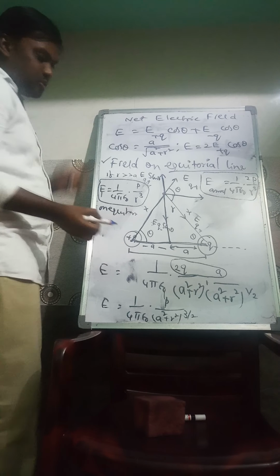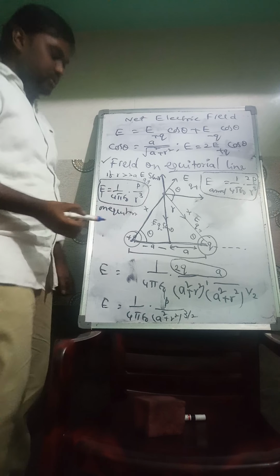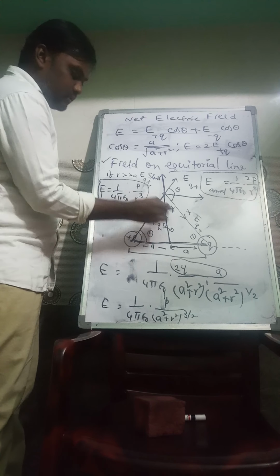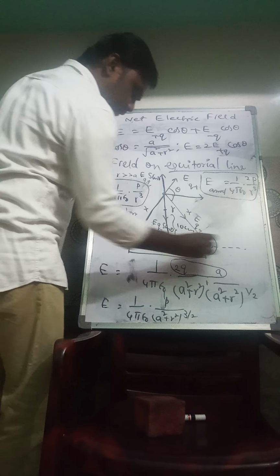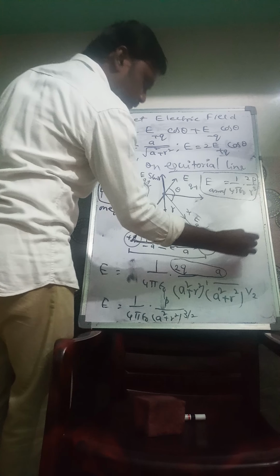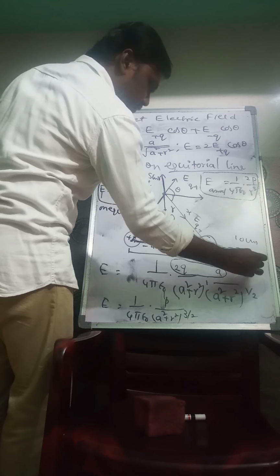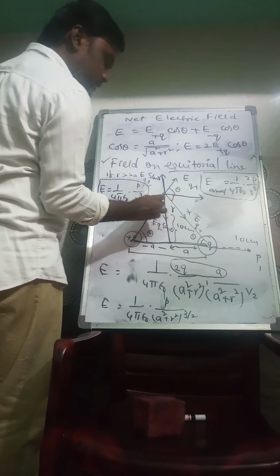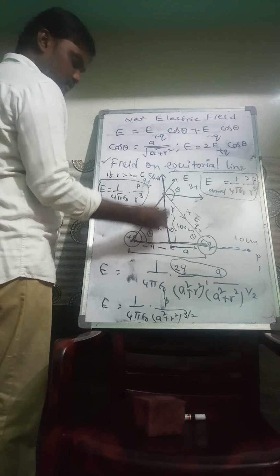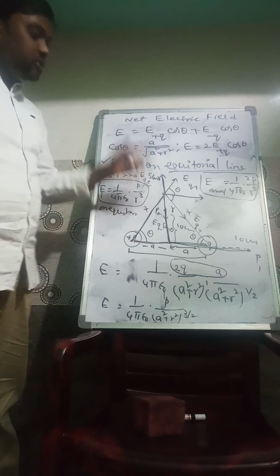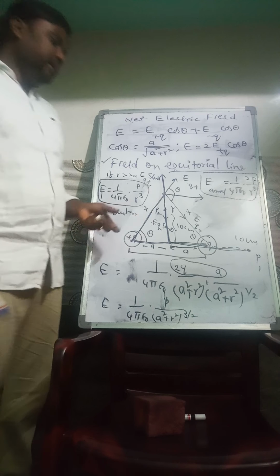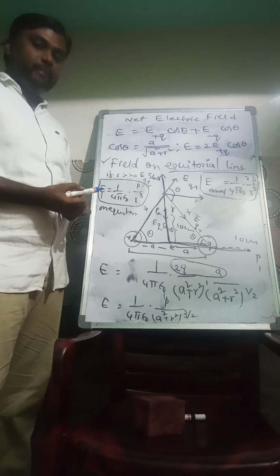Questions may be asked in different directions. Here at 10 centimeters, and here at 10 centimeters, this is P1 and this is P2. Here 10 centimeters and this is also 10 centimeters. At which point will the electric field be more?